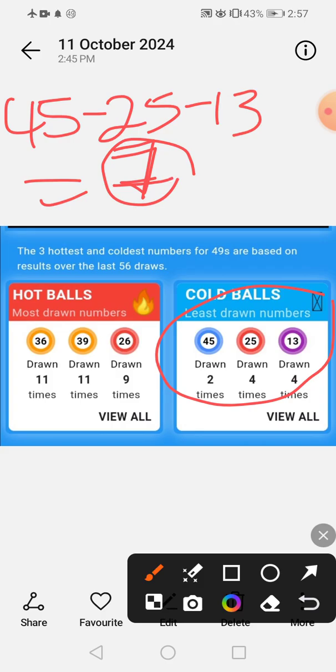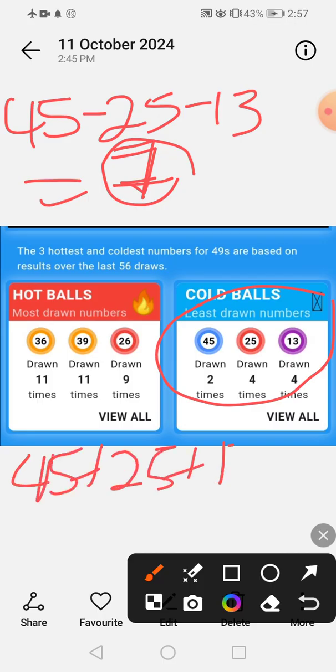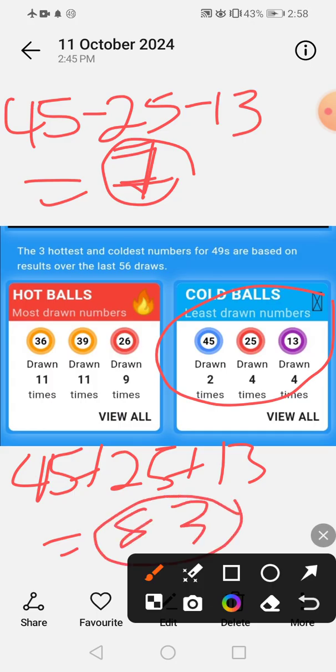Then if we add 45 plus 25 plus 13 equals 83. So maybe let's expect this number to come as a 38 or an 83. This is getting interesting now. I never realized this before, but I can see that there is an outcome from this.